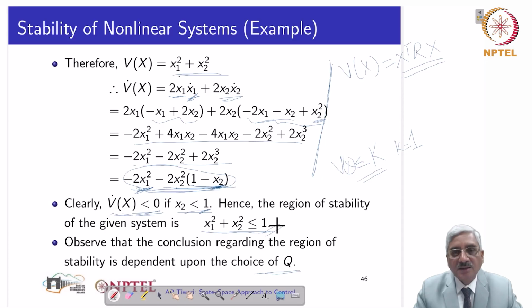So the choice of Q has again an important role, even though this indirect approach to analysis of nonlinear system is somewhat easier compared to the direct approach in which we have to select the Vx in some manner. So a Vx selected via the linear system is a simpler approach.